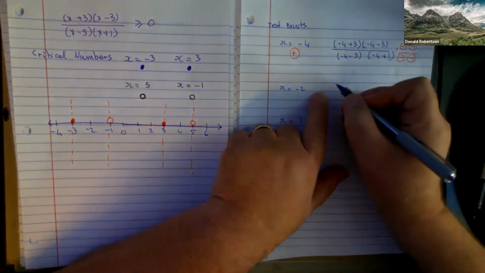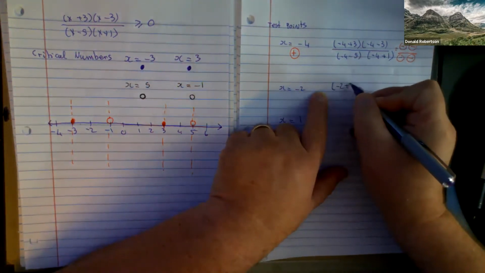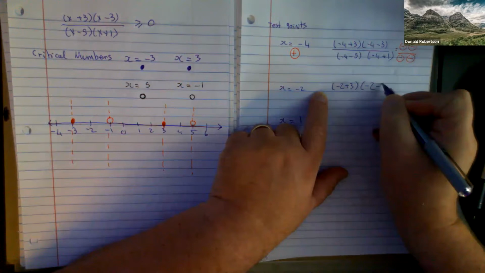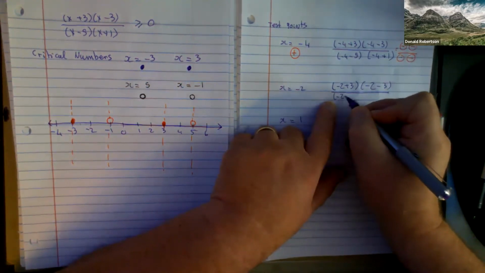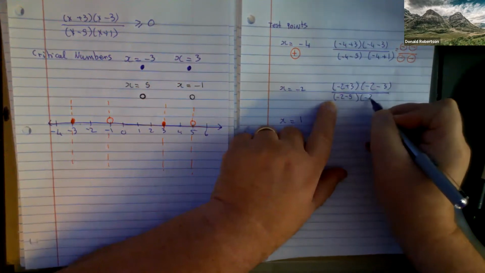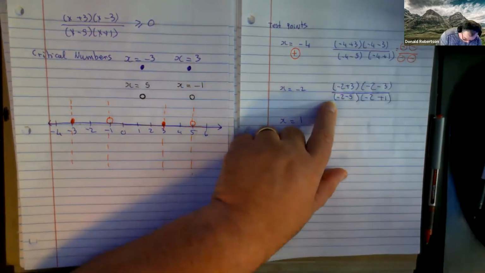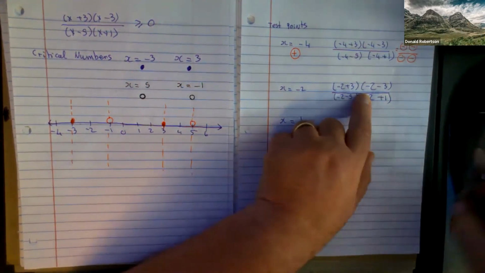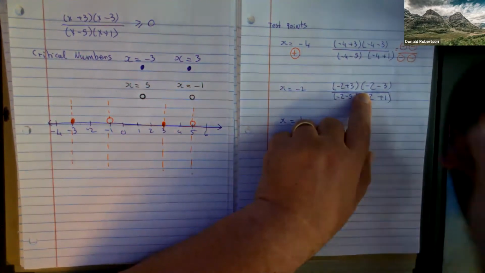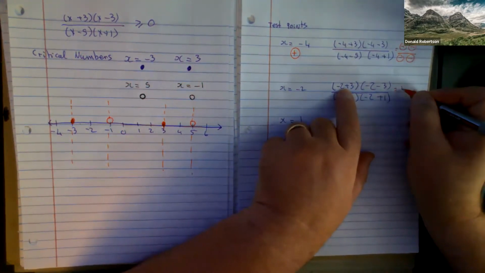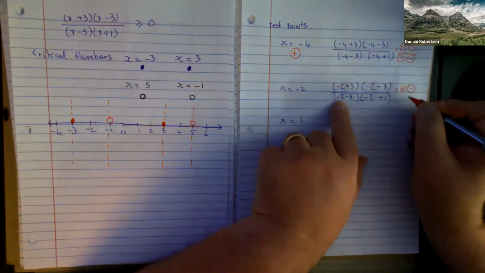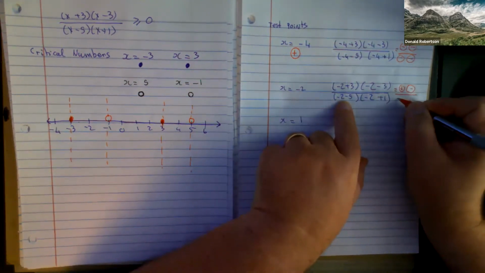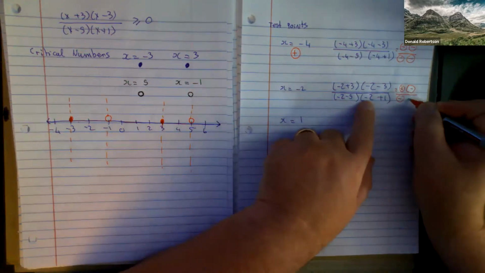Right. Next one. -2 add 3, -2 take away 3, all over -2 take away 5, -2 add 1. In this combination, that guy is plus, that guy is negative, that guy there is negative, and that guy there is also negative.